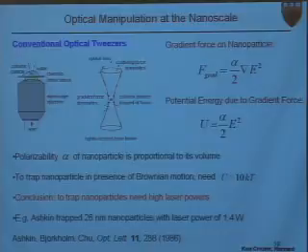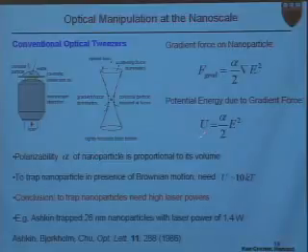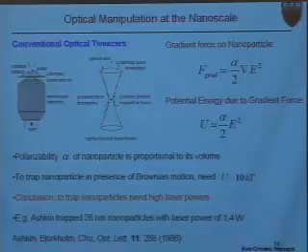But to trap a particle in the presence of Brownian motion, one needs this potential energy greater than a few kT, or perhaps 10 kT. The polarizability of the particle is proportional to its volume, so for a small particle, one needs a high laser power. For example, Ashkin could trap 26 nanometer nanoparticles with a laser power of more than a watt.